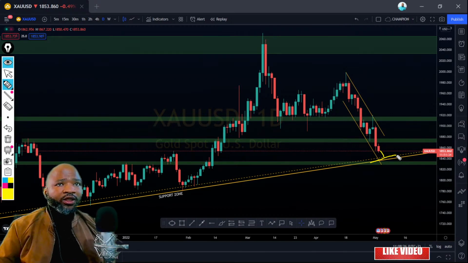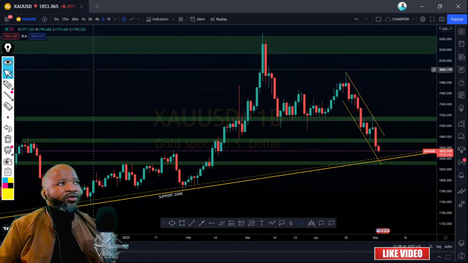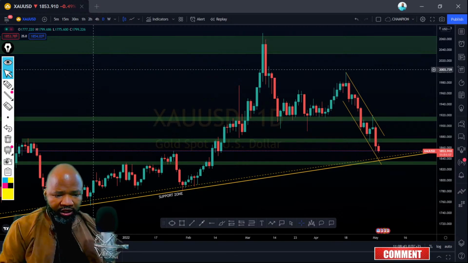We rather wait for our price to reach this level before we place our buys. Remember, this is our daily time frame, and today is Tuesday. Anything can happen during the week.